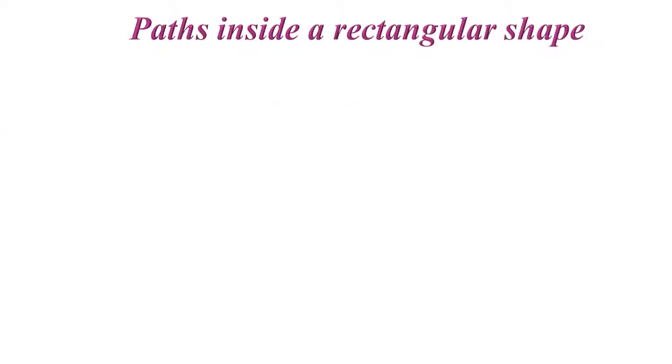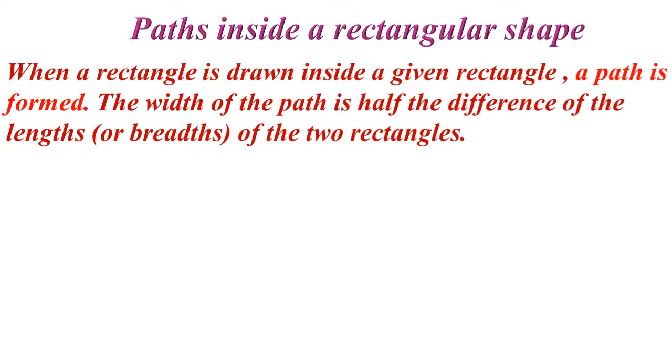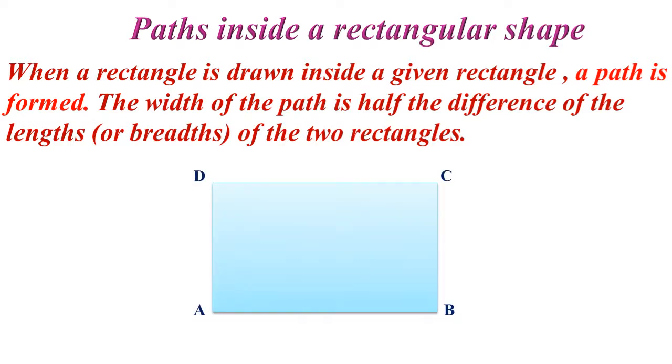Let's see path inside a rectangular shape. When a rectangle is drawn inside a given rectangle, a path is formed. The width of the path is half of the difference of the length or breadth of the two rectangles. Look at the picture. Here is one example.